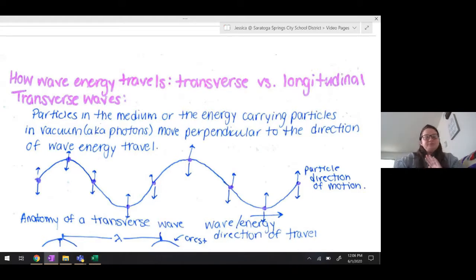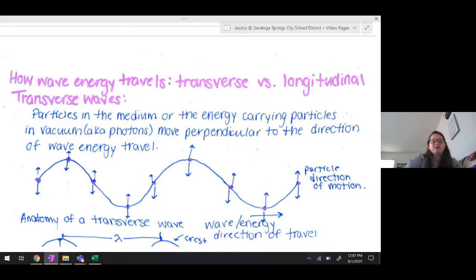Okay. So we have two types of ways that energy can travel. They can travel as transverse waves or longitudinal waves. First we're going to talk about transverse waves. These are the more common way you would picture a wave. Transverse waves occur when the particles in the medium, or the energy carrying particles in vacuum, like a photon, move perpendicular to the direction of motion.